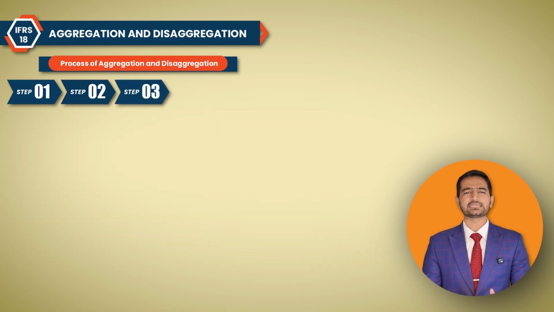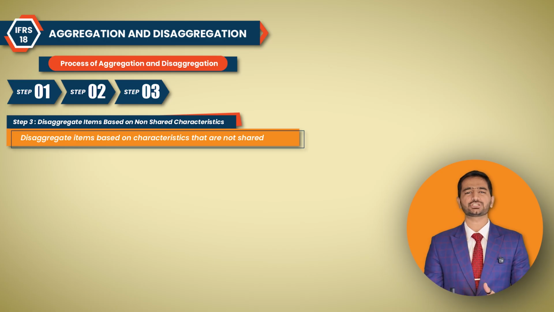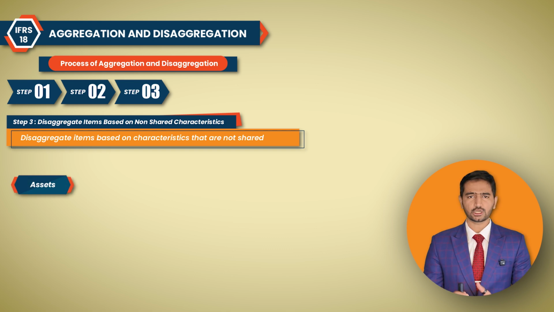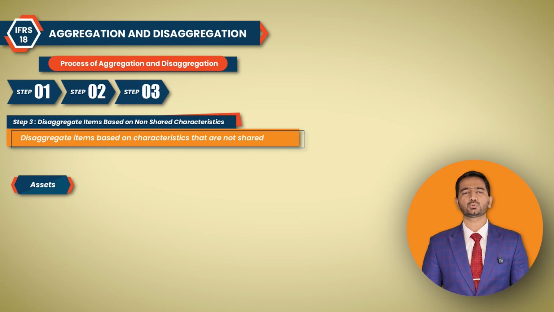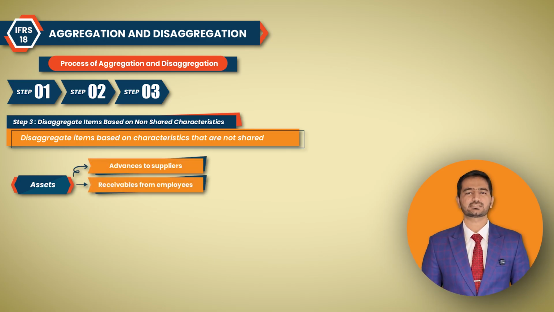Now that we have aggregated some items, there may be a situation where we need to disaggregate them because they don't share the same characteristics. For instance, we might want to separate items that are fundamentally different in nature. Sometimes, even if items are all assets, they should not be grouped together because they are too different. For example, advances paid to suppliers, receivables from employees, and refundable deposits.